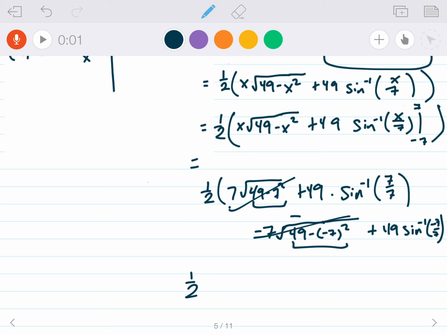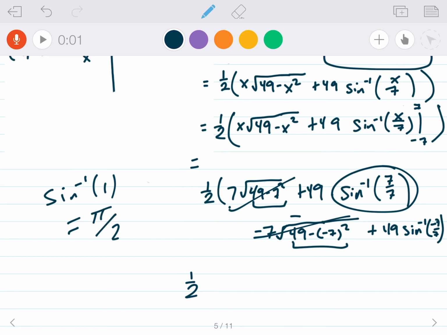And then sine inverse of 7 over 7 is sine inverse of 1, which means, hey, which angle has a sine value of 1? And that's the y value. So that's going to be pi over 2. And this guy is going to be negative pi over 2 because that's the sine inverse of -1. All right, so let's carry this down.